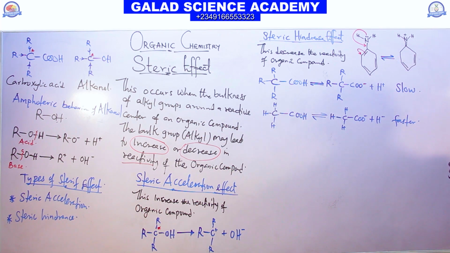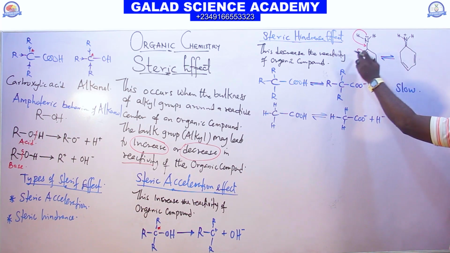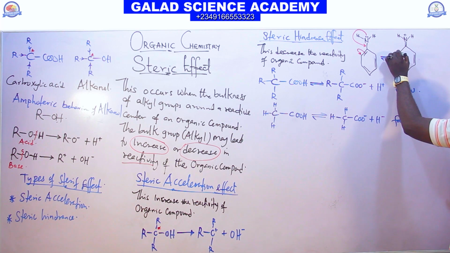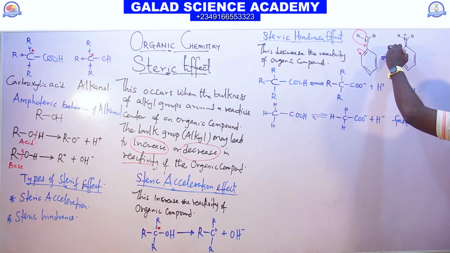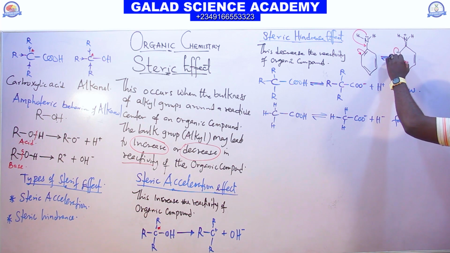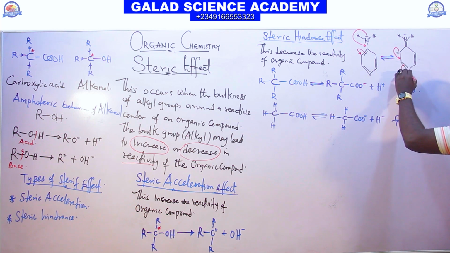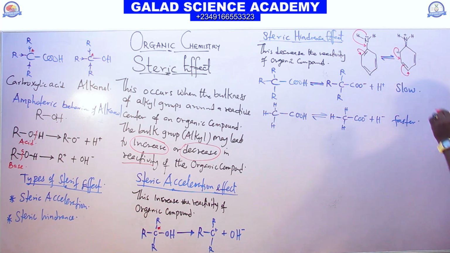So the one that comes here will become minus. And this thing can also continue like this by taking this one back here, and this pi bond will also come here, if you remember from resonance.